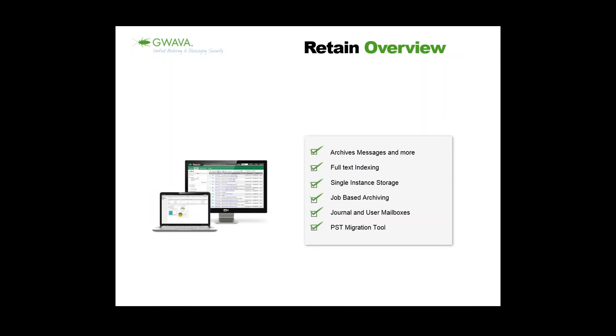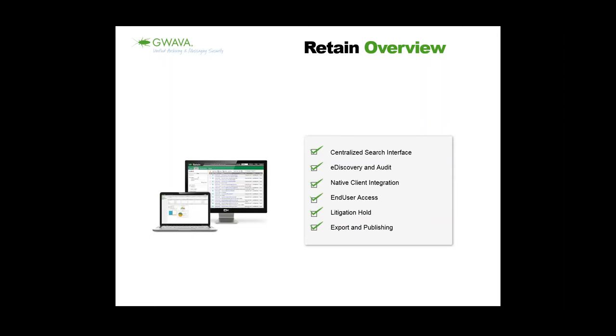And as well, we have a PST migration tool, so even if you are currently having PST files around the network, we can migrate them into the user mailboxes so that the user has access to the PST files again, or we will migrate the format into our archive format, and then the user can search and can do everything he can do with every other mail inside the archive.